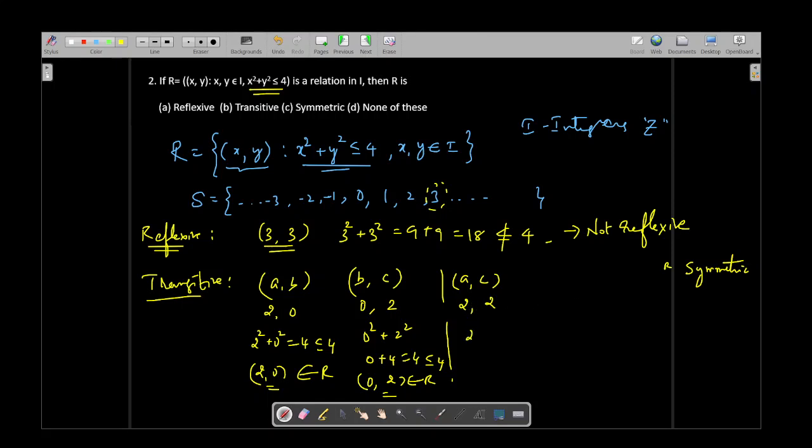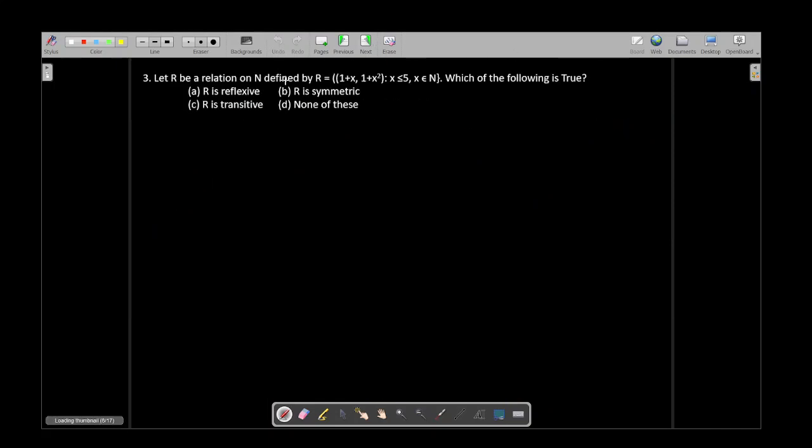But here 2 square plus 2 square is 8, which is not less than or equal to 4. So (2, 2) is not a member of R. So it is not transitive. So it is only symmetric. Let's move on to the next problem.